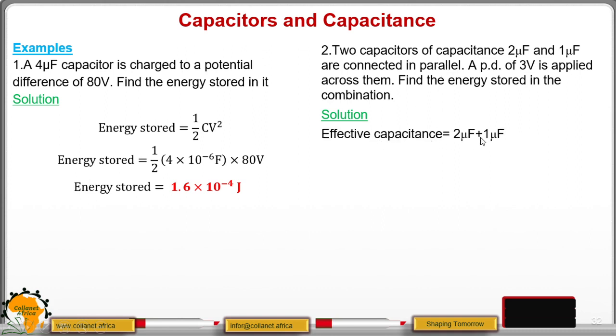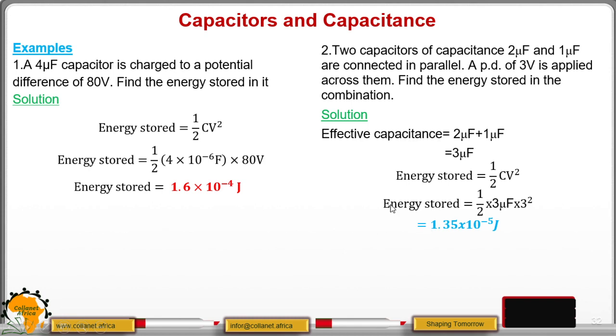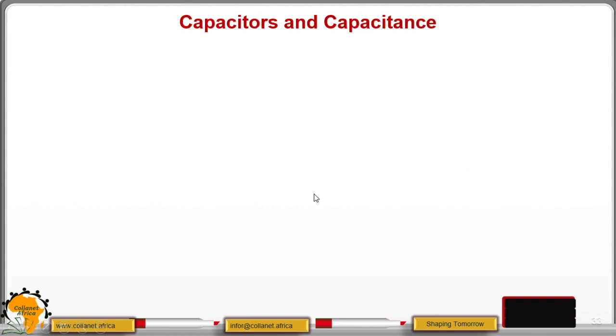Because they are in parallel, we add 2 microfarads plus 1 microfarad, you get 3 microfarads. So the energy stored will be a half CV squared. So it is a half times 3 microfarads times 3 squared, that is our voltage. So you get that the energy is 1.35 times 10 to the power negative 5 joules.